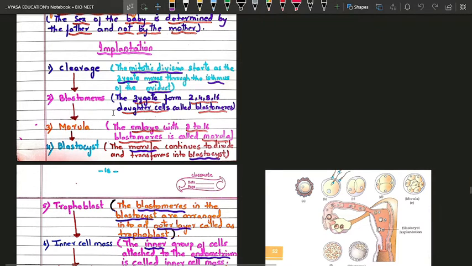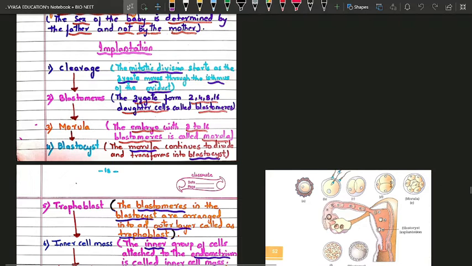Here the zygote forms 2, 4, 8, 16 daughter cells called blastomeres. Fertilization happens, then it becomes 2, cleavage happens, 2, 4, 8 and 16.